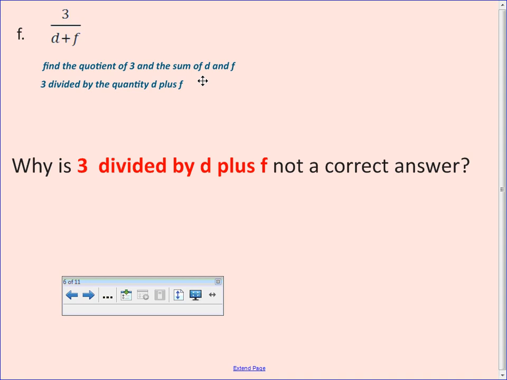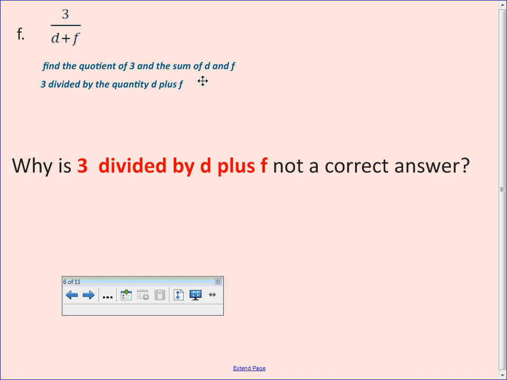But suppose somebody wrote 3 divided by D plus F. Why would that be wrong? Why is 3 divided by D plus F not a correct answer?